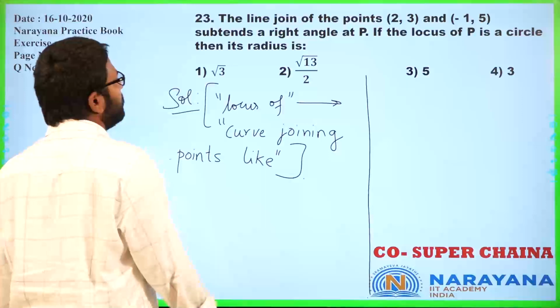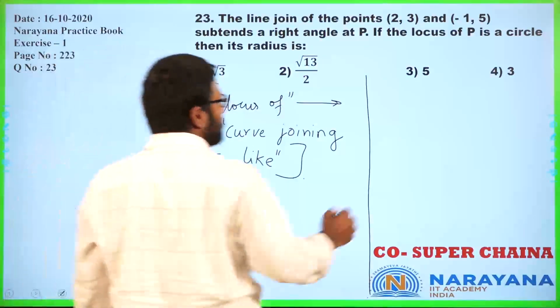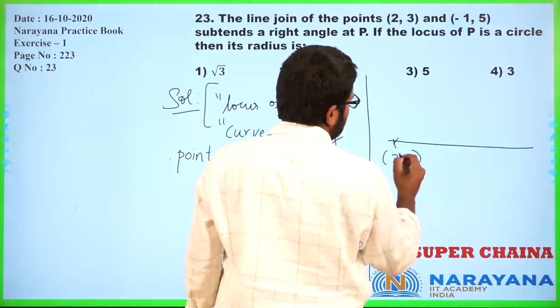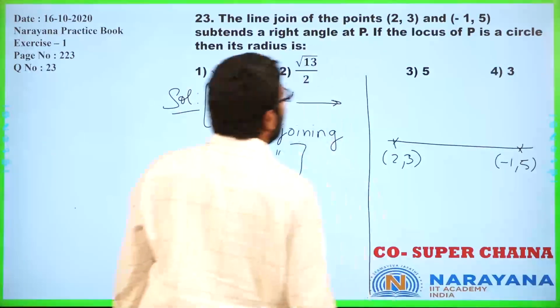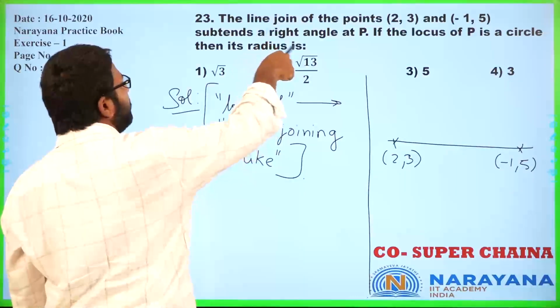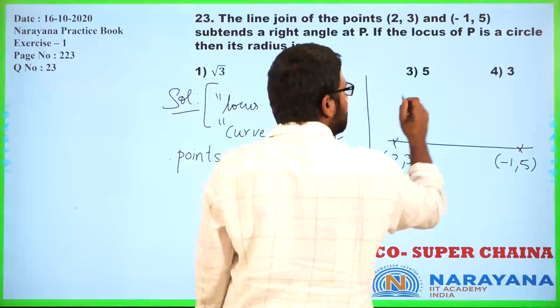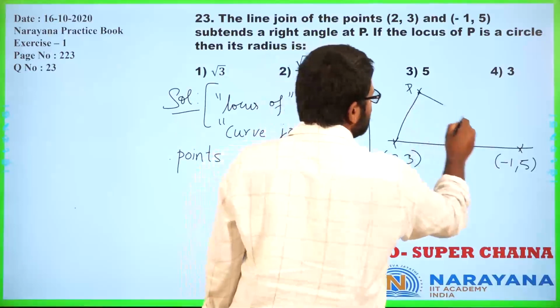Alright. So first of all, there is a line joining these two points, (2, 3) and (-1, 5). And there is a point P on which this line subtends a right angle. Think of a point P on which this line subtends a right angle.